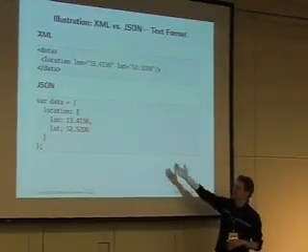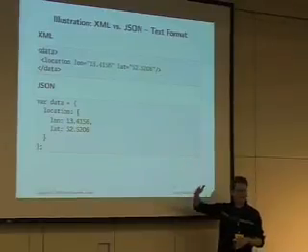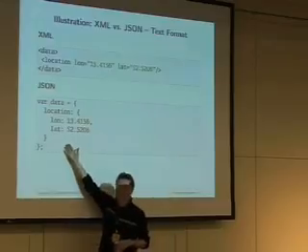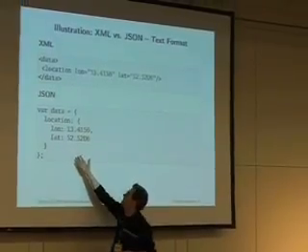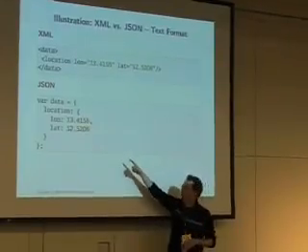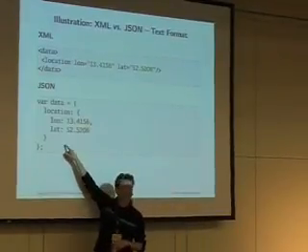And the alternative is to just write a JavaScript literal data structure. This is just a way to write literal objects in JavaScript, and you can see the similarities between the two. The thing is that this is actually valid JavaScript syntax.